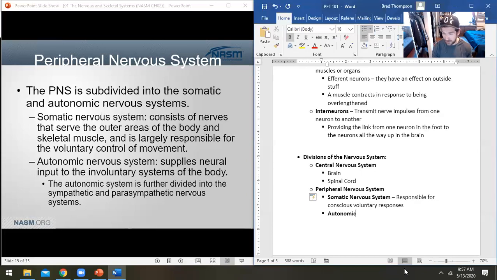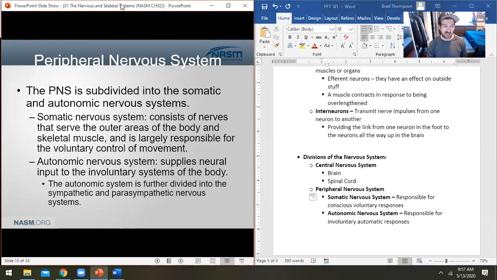Autonomic, you can think of it as automatic. The autonomic nervous system is responsible for involuntary, automatic responses. So that is in charge of doing all the stuff that we don't really need to think too much about every single day.